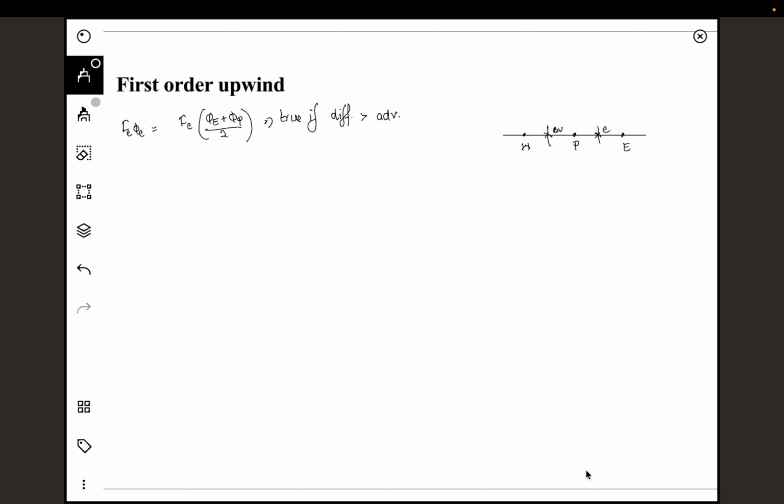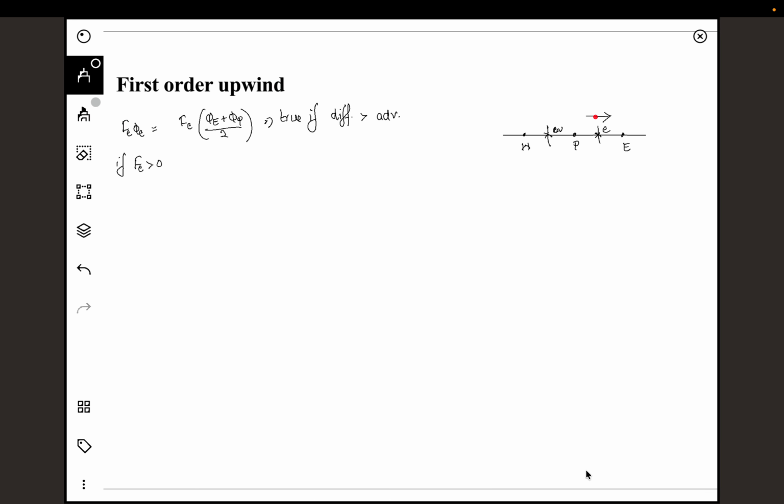What happens? If flow is happening in one direction, let's assume Fe is positive, so flow is happening in this direction on the east face. If Fe is positive, then information from the east cell would not affect the value of phi at the east face, because information is propagating in one direction. So this becomes more like a hyperbolic than a parabolic or an elliptic equation.